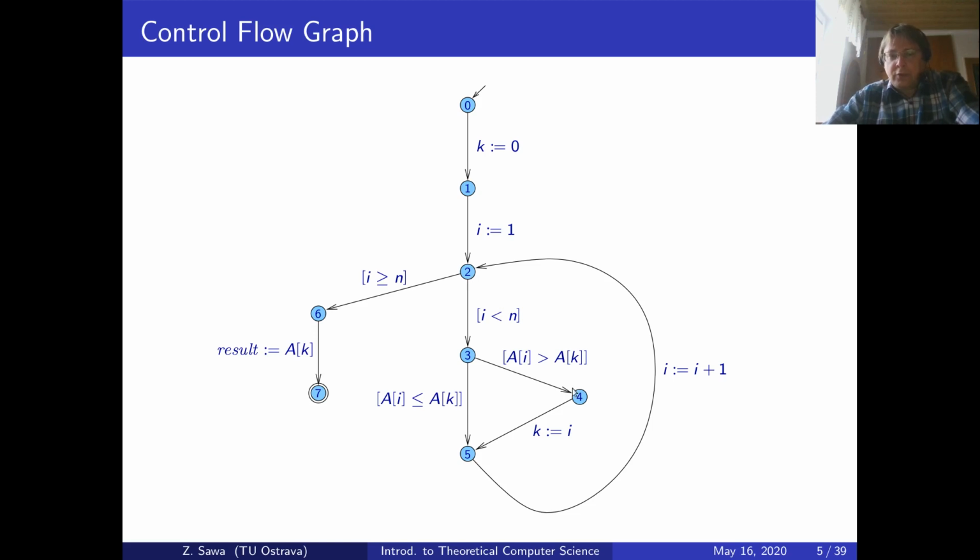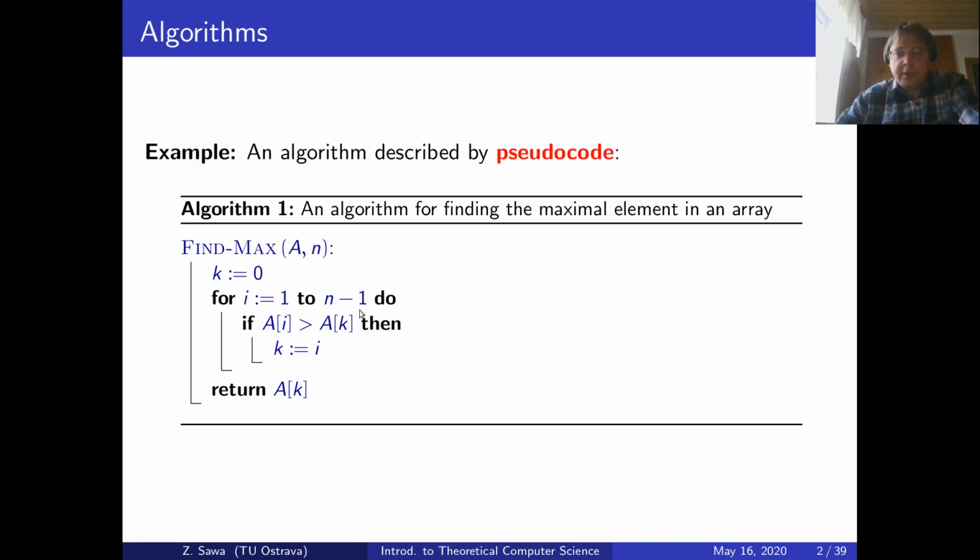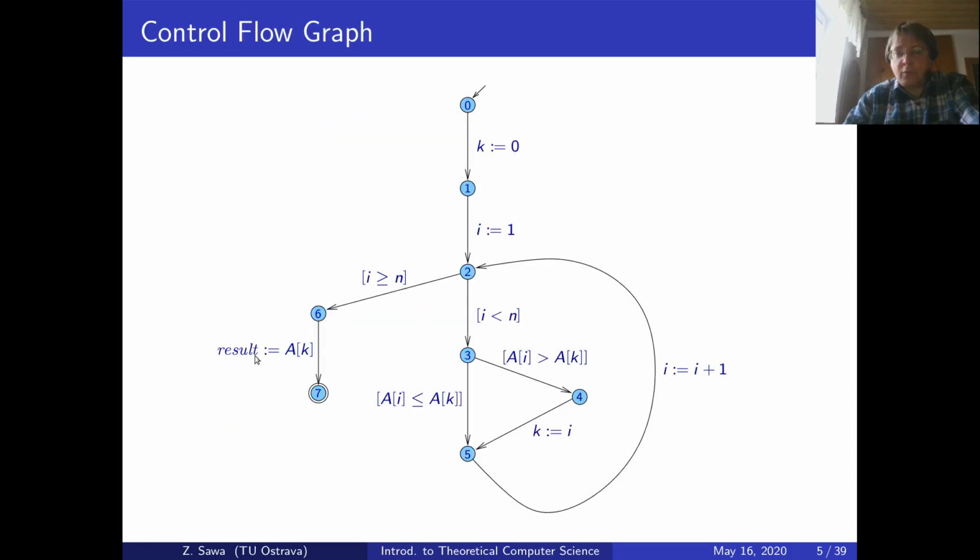Note also that in this pseudocode it was not represented explicitly that the value of I is incremented by 1 in every iteration of the for cycle. Here it's more concrete, in the sense that we have this transition that goes back to the beginning of the cycle and increments value I by 1.